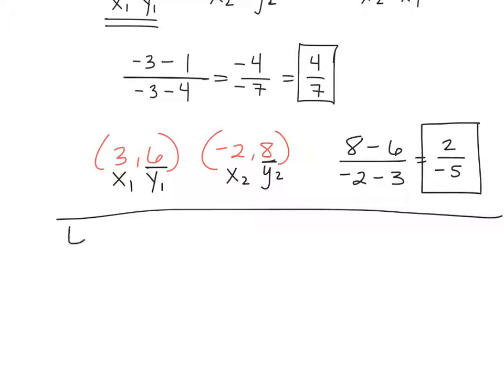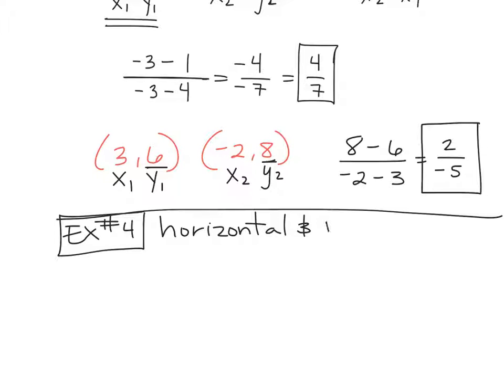The next example is dealing still with slope, but with horizontal and vertical lines. Okay, here's what I want to show you.